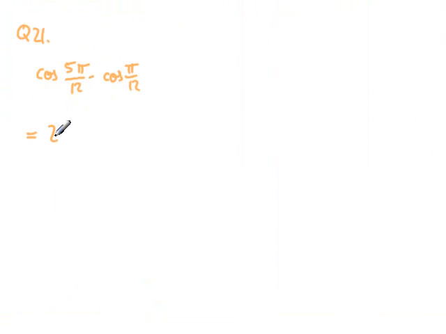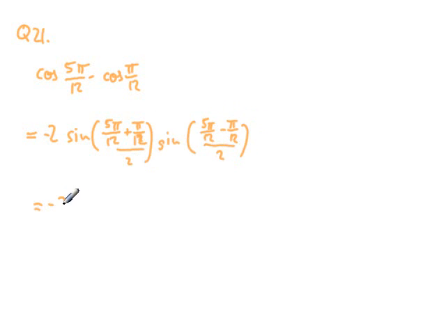So that's going to be negative 2 sine of, 5 pi over 12 plus pi over 12, divided by 2, times sine of 5 pi over 12 minus pi over 12, divided by 2, equals negative 2 sine, that's going to be 6 over 12 divided by 2, which is 6 over 24, so it's a quarter, pi over 4, and this one is going to be sine, that's 4 over 12, so 4 over 24, which is pi over 6.